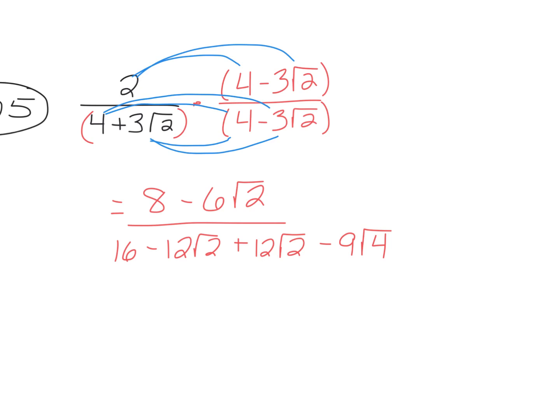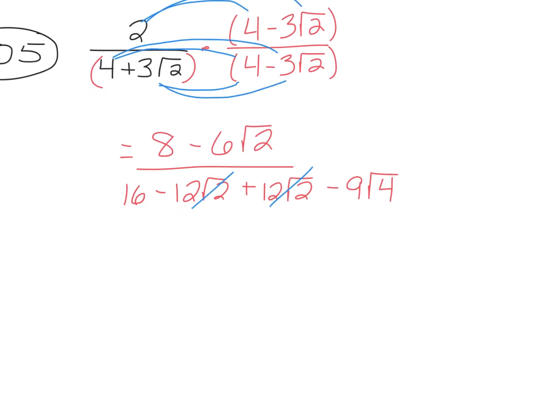Focus on the bottom. What was supposed to happen on the bottom? Yep, these middle terms should always cancel each other out. So let's simplify. Can I do anything with the top right now? No. So the top is going to stay the same: 8 minus 6 square root of 2. The bottom, I still have 16.